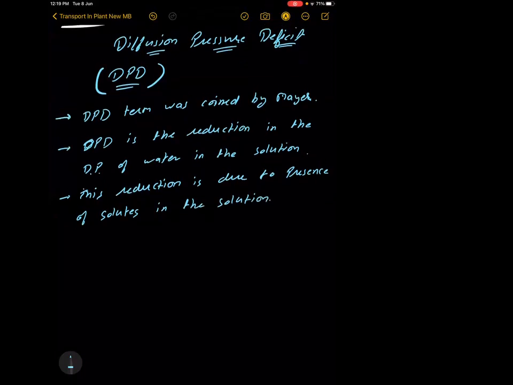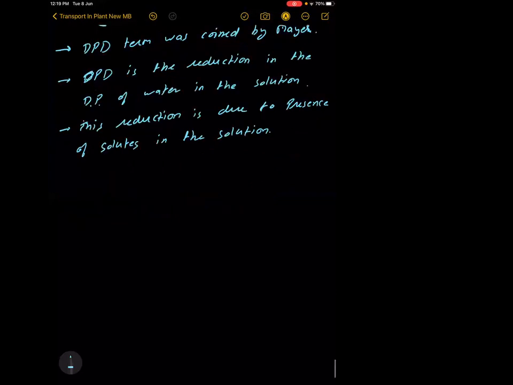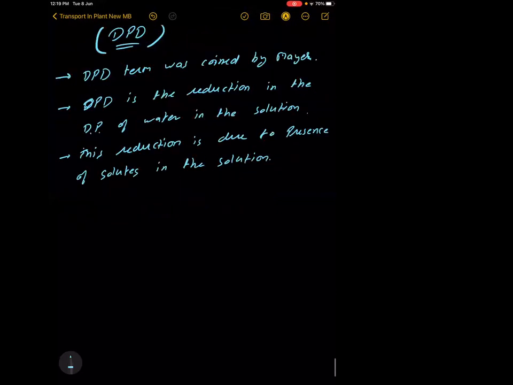In short, what is the diffusion pressure of pure water? Pure water's diffusion pressure is maximum. If you add some solute to that water, it becomes a solution, so here the diffusion pressure decreases. Suppose this is pure water, H2O.